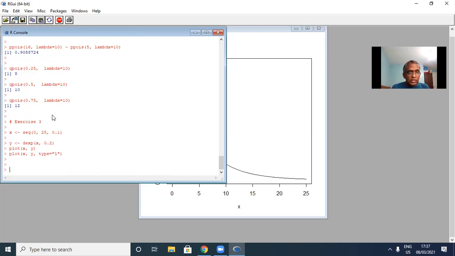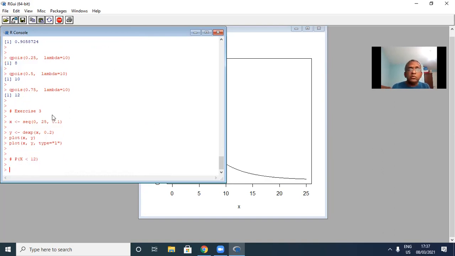Okay, the next part is to find the probability that x is less than 12. Remember, the exponential is a continuous distribution. So the probability that x is less than is the same as x is less than or equal to. Less than or less than or equal to does not make a difference, and similarly, greater than or equal to does not make a difference.